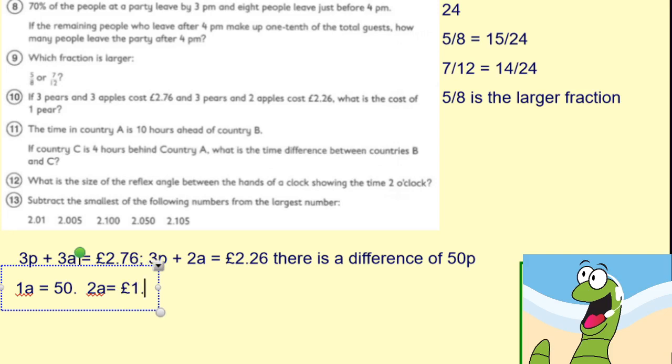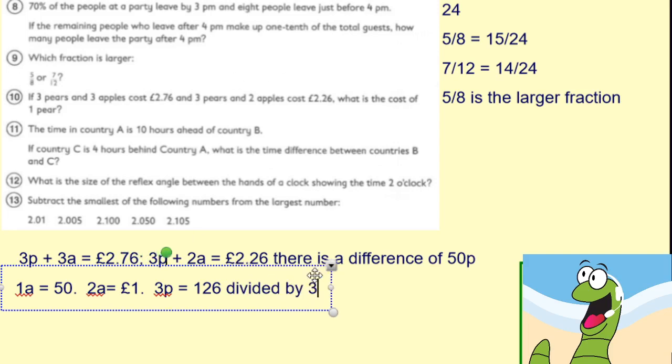Now, 3 pears would equal 126 pence divided by 3 to find out what 1 pear is worth.